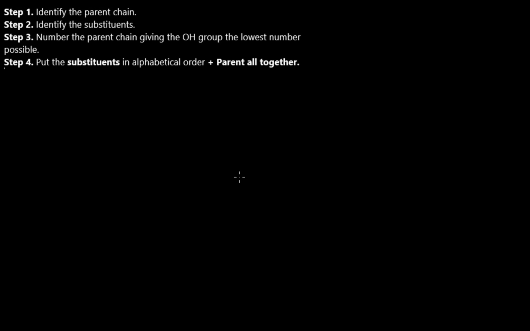In the last step, we put the substituents in alphabetical order, all together with the parent chain, to give the compound the final name. Here is one of the simplest examples, ethanol. We have here 1, 2 carbons, so it should be eth.